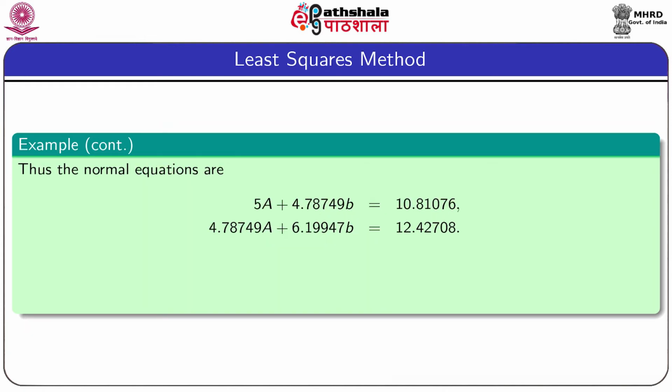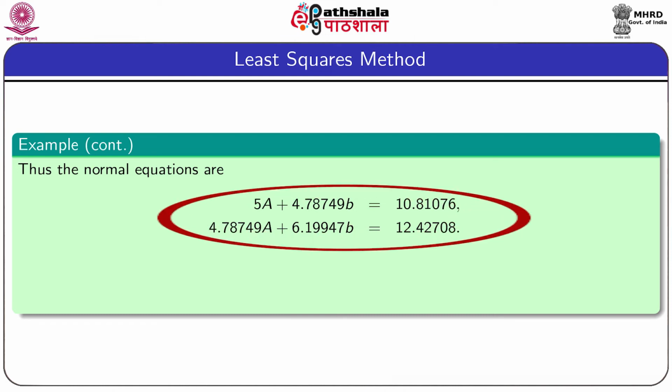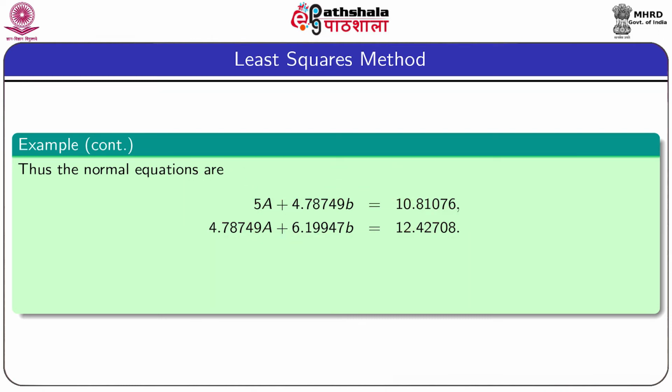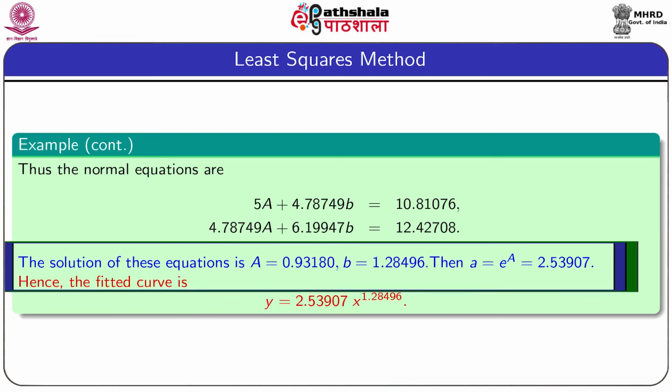So using these values, the normal equations are 5A plus 4.78749b equal to 10.81076, and the second normal equation is 4.78749 into A plus 6.19947b equal to 12.42708. So solving these equations, we get capital A equal to 0.93180, b equal to 1.28496.